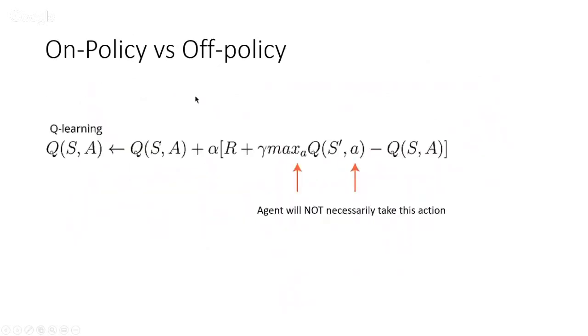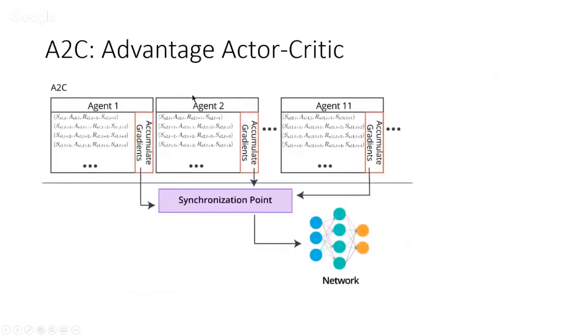So we already discussed this. Another popular actor-critic based algorithm is advantage actor critic. As you can see, it is very similar to A3C, but the only thing missing here is the asynchronicity. It's not an asynchronous updating of the global copies of the actor and critic networks, but everything else is the same.